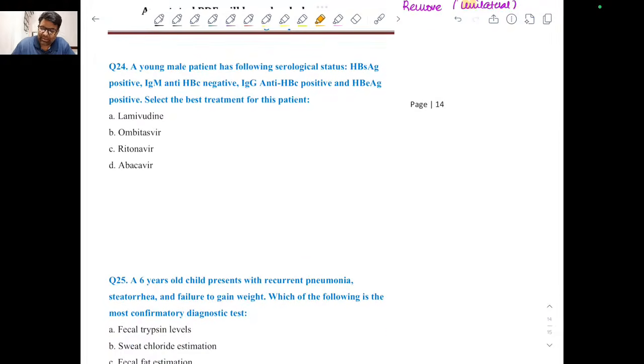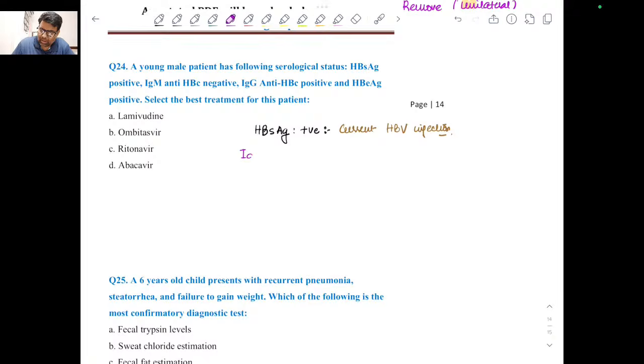So let us take the markers first. Hepatitis B surface antigen is positive. It means there is current hepatitis B viral infection, right? It's going on.